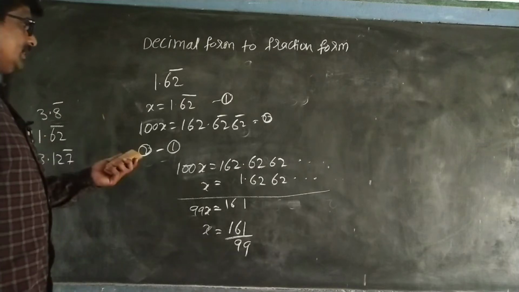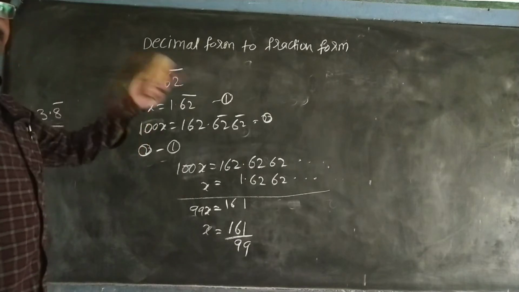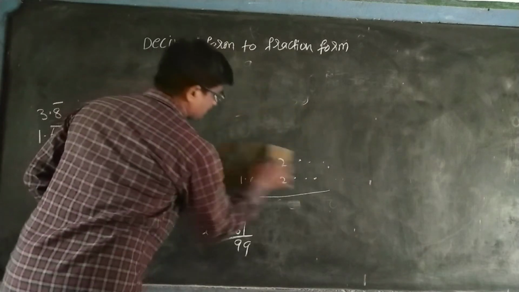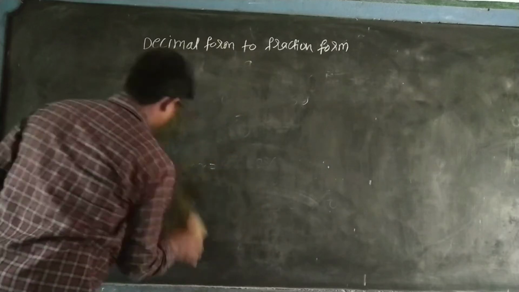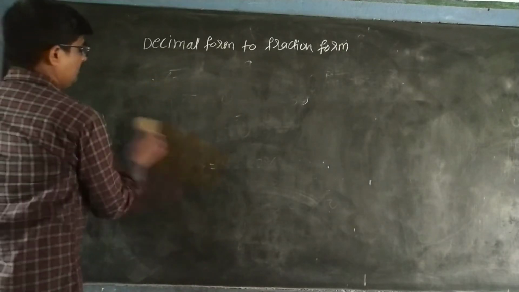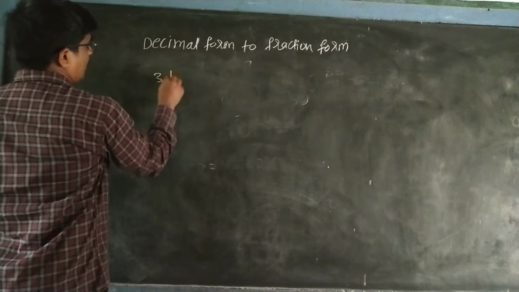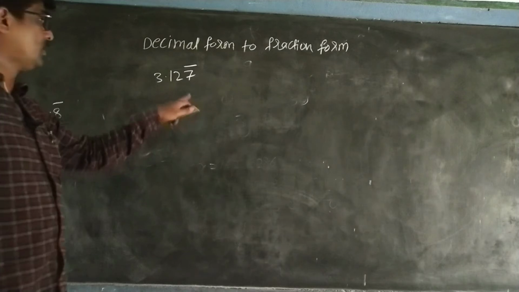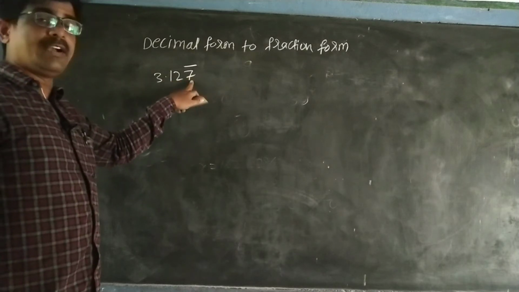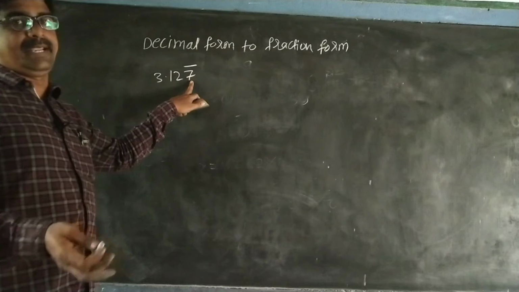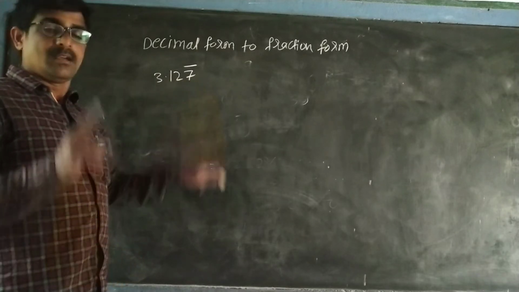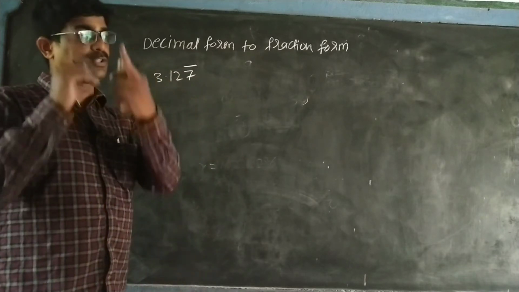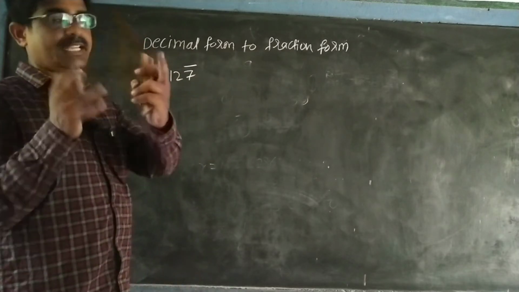Another example. The previous one had one digit repeating, the one before had 2 digits. Now for another example, 3.127 bar. Here after the point there are 3 decimal digits, but only one number is repeating. In this situation multiply with only 10.